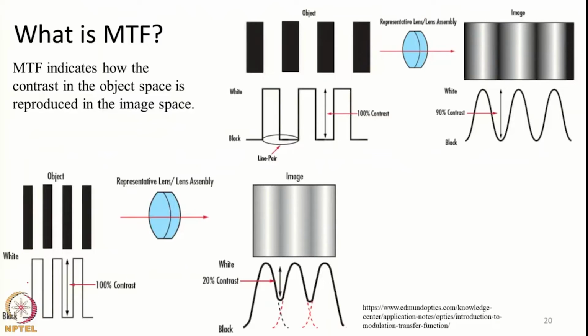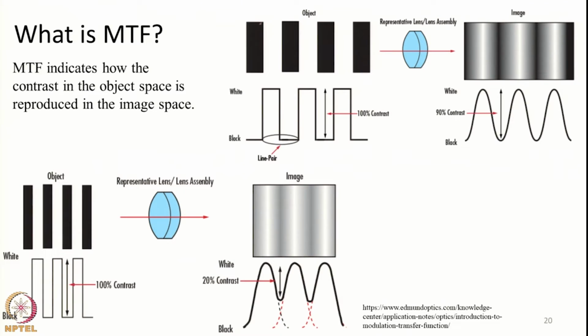The next important concept I told is MTF, modulation transfer function. Just to put it in a simple sense, it is how the contrast in the object space is being transferred to the image space. This is what will determine the MTF. We are not going in depth about the MTF concept, but here is a simple example. So, this is an object space.